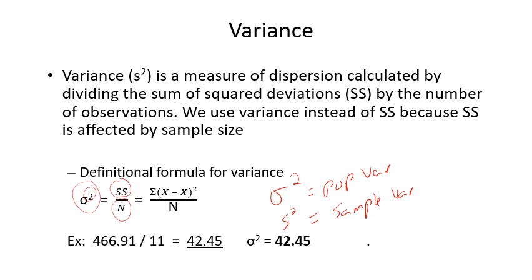So if we take our example from the previous slide, where we had a sum of squares of 466.91 and an n of 11, we factor that out and we get a variance of 42.45. Again, this isn't even a value yet that we can use to interpret because we still have that square in there. When we took each of the differences from the mean and squared them, we were basically inflating the value by squaring them.